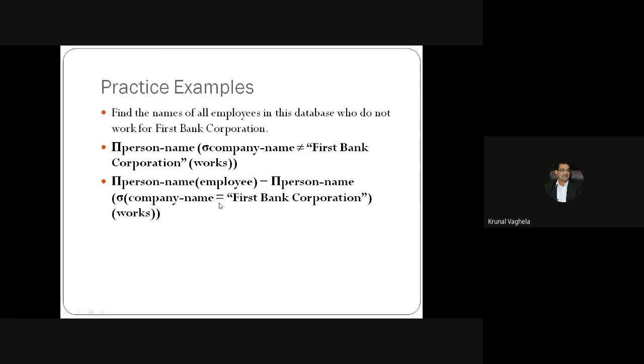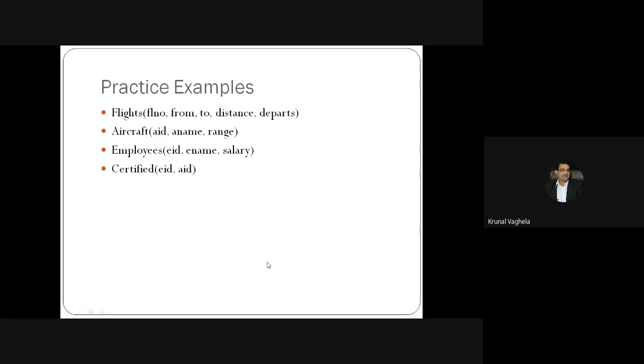Here, all the person names minus all the persons who are working in First Bank Corporation. All the person names, or all the records of employee, and we are subtracting, set difference operation, the persons who are working for First Bank Corporation. So obviously the result is the persons who are not working for First Bank Corporation.